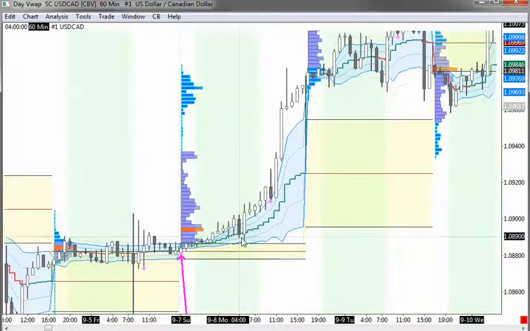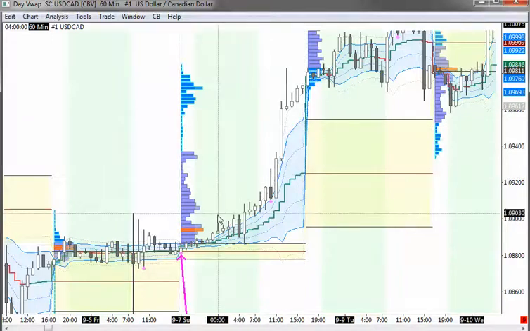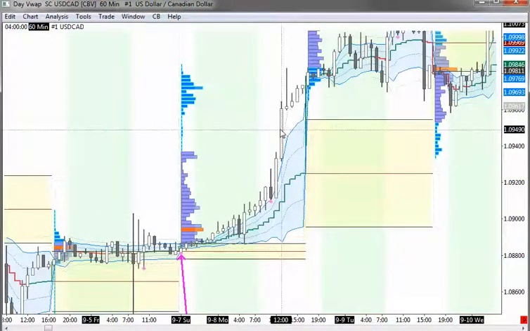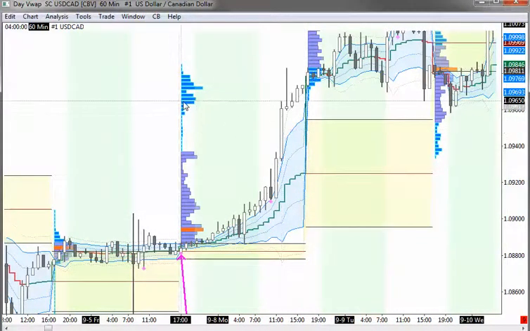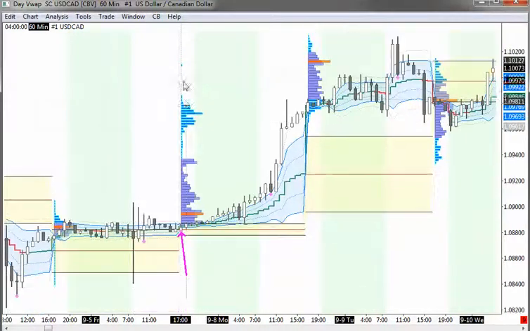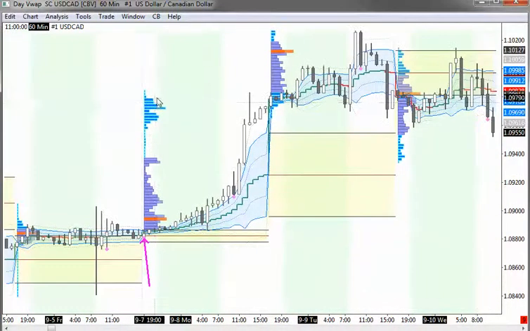So on this bar here at 4 o'clock, we'd come down and test the VWAP, and then 5 o'clock we move up from the VWAP to the value area high, and for the remainder of the day, the developing value area high served as support, and we moved up and we broke through this at the 12 o'clock bar, and then after that we started to form a new value area up here.